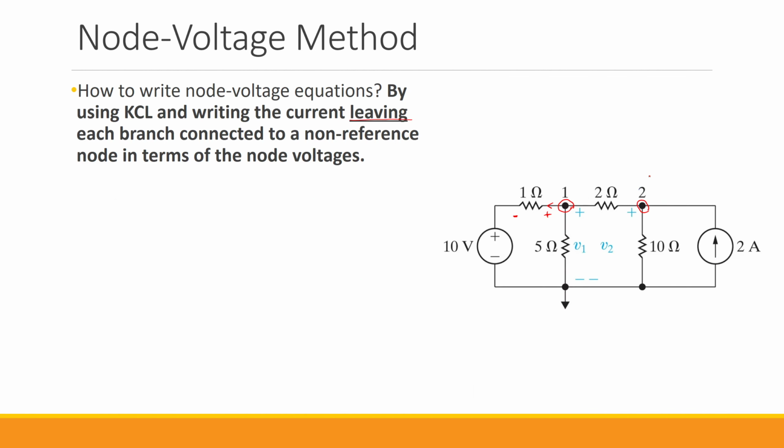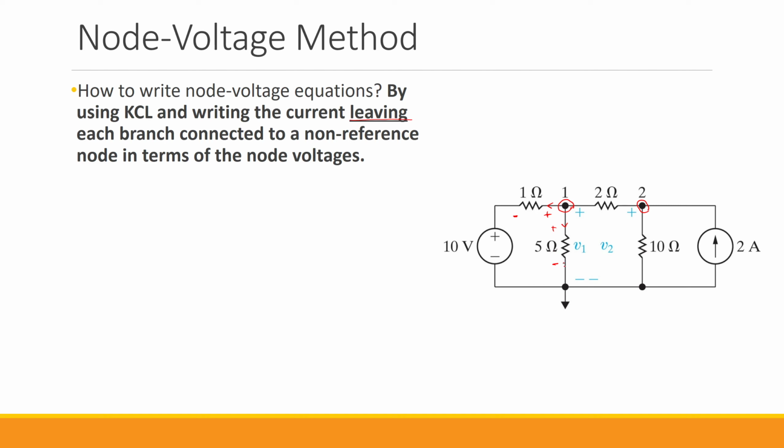What about the current that leaves node 1 and goes through this 5 ohm? If we assume a current in this direction, which makes the polarities to be like this, the current that leaves node 1 and goes through this 5 ohm is the voltage across this 5 ohm divided by the value of the resistor, which is 5 ohm.